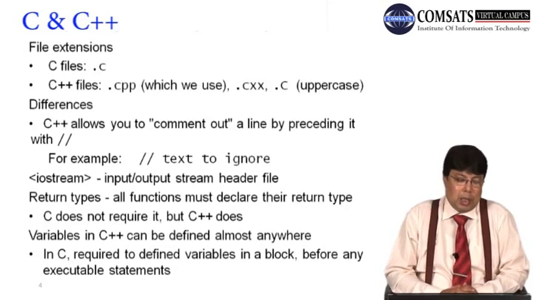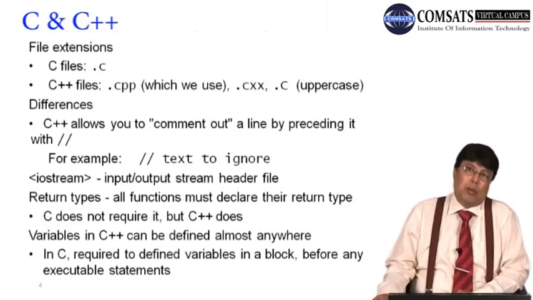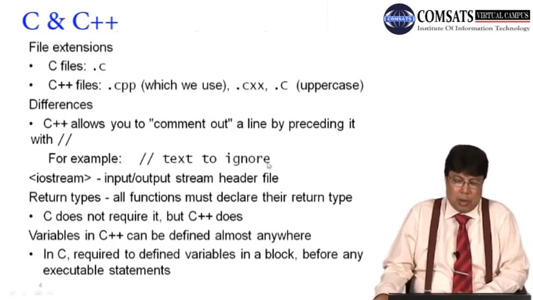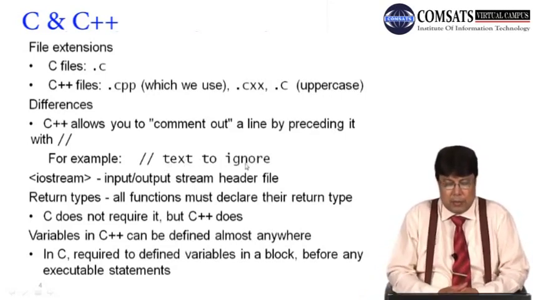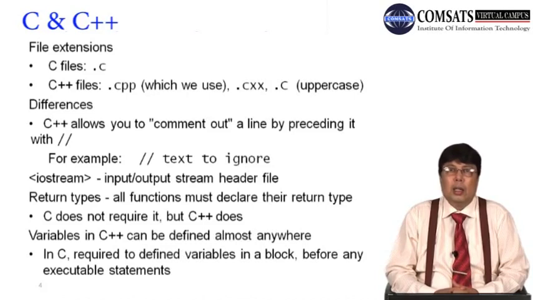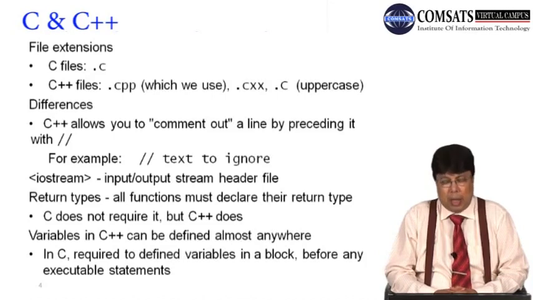So in C++ you can use two slashes, and you are not required to end it. It automatically ends with the carriage return, or the new line character. So it means you cannot forget and make the whole program a comment.